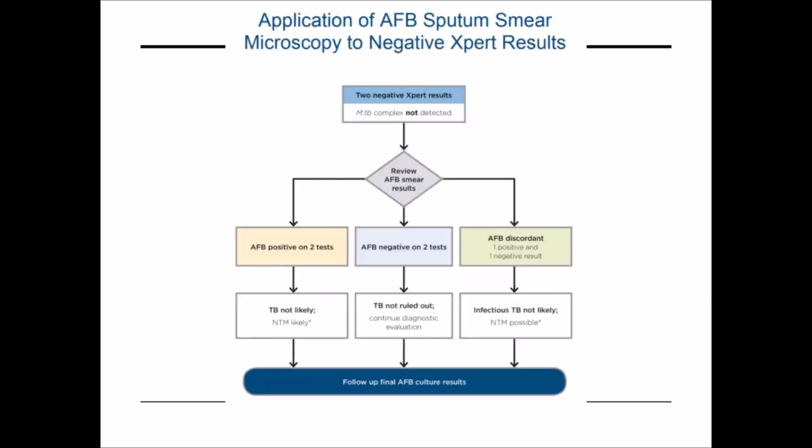So you can look at this document in more detail, but that's the safest way. That way, you've got a patient, let's say, who comes in with gross hemoptysis. You've done 2 sputum specimens, and if the nucleic acid tests are negative on both, then you can say with great confidence this patient does not have contagious TB, and you can take them out of isolation and get to work on their real problem.